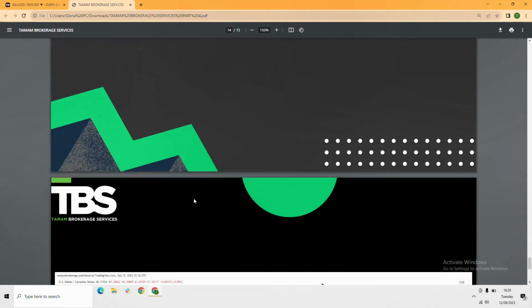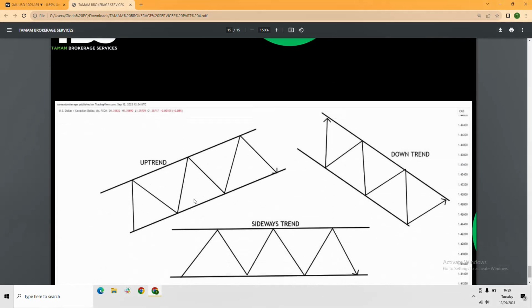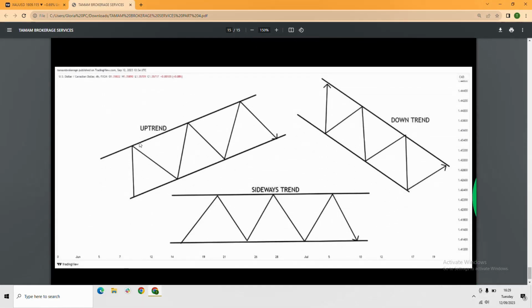So if we proceed, this is just an illustration to show you what we're trying to talk about. This is a representation of an uptrend, this is a representation of a sideways trend or consolidating market, and this is a representation of a downtrend. So guys, as we come back into the next video, we're going to be diving into a few more concepts to understand within technical analysis.